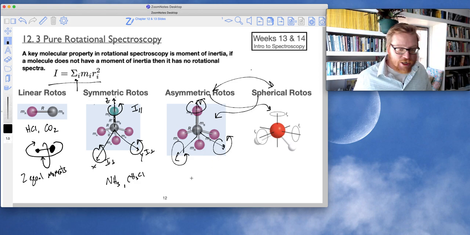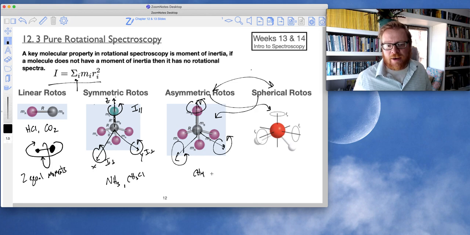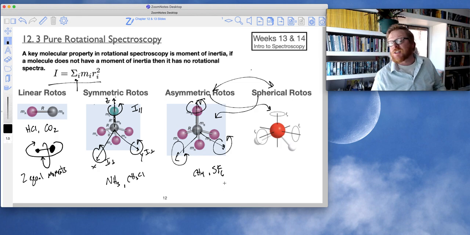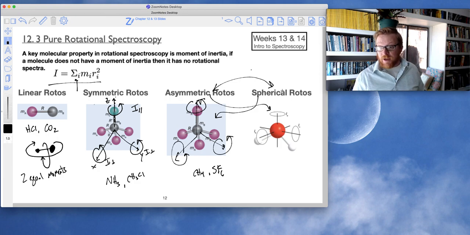And so as you might imagine, something like methane, or even something with non-tetrahedral geometry, SF6, would be another great example of a spherical rotor, something that's symmetrical all the way around. Okay, so for a symmetric rotor, you might think, well, why not SF6? The important thing with the symmetric rotor is it's got one symmetrical axis. The spherical rotors have three symmetrical axes, okay?